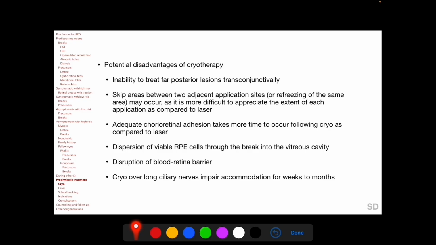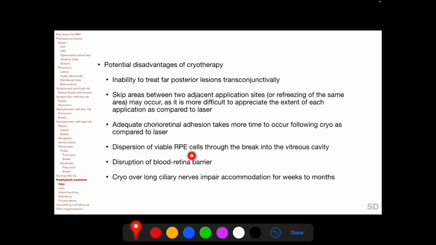Disadvantages of cryotherapy include inability to treat far posterior lesions transconjunctivally, occurrence of skip areas between two adjacent application sites, or refreezing of the same site, as it is more difficult to appreciate the extent of each application with cryo as compared with laser. Adequate choroidal adhesion takes more time to occur with cryo as compared with laser.